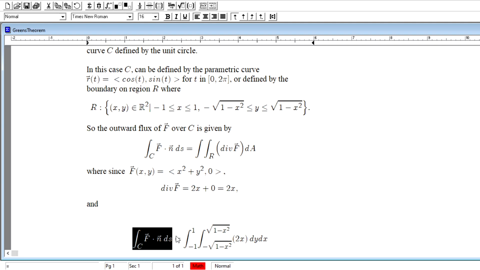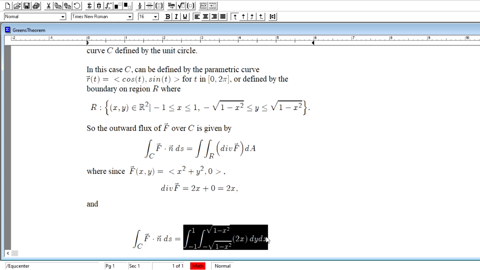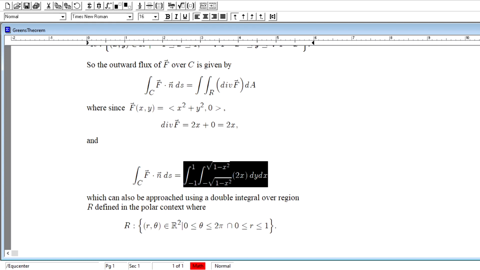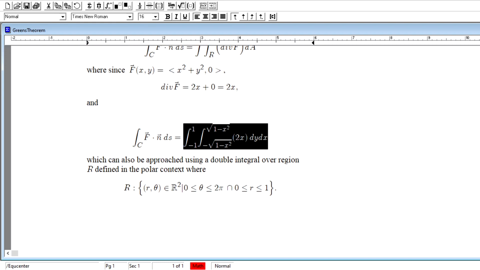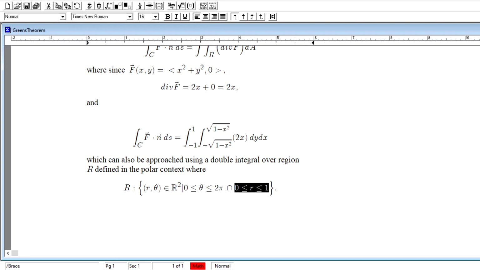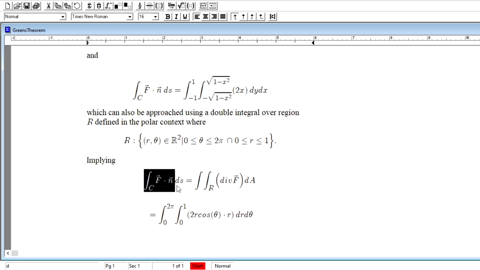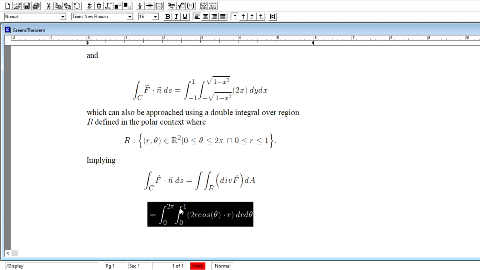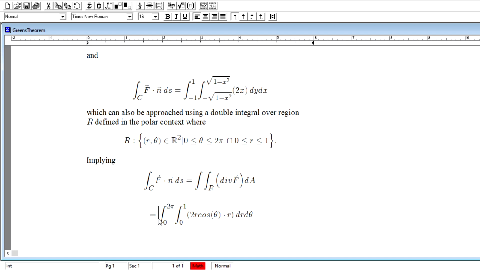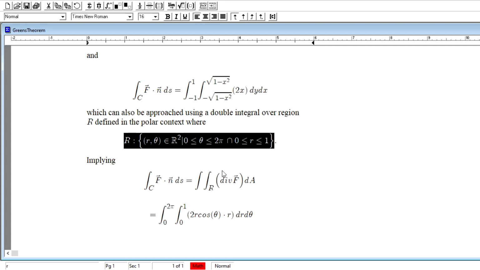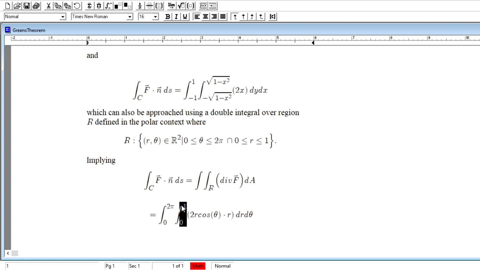And then that line integral calculation for outward flux could be interpreted as this double integral calculation seen here, where because we are describing a region that is simply stated in the polar context as this region R, where theta is between 0 and 2 pi and r is between 0 and 1, we can now approach this double integral calculation for the outward flux in the polar context as the calculation seen here, integrating with respect to r and theta across the bounds we've noted in our description of R, theta from 0 to 2 pi, r from 0 to 1.